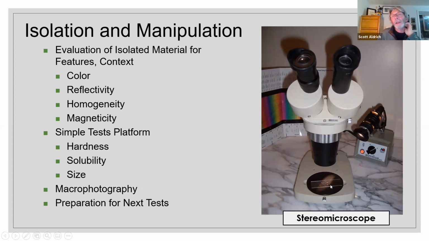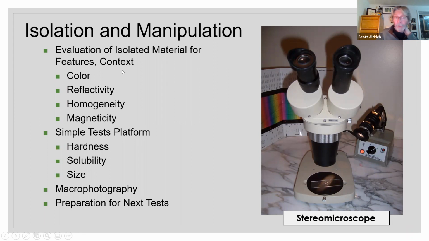With a compound light microscope, we wouldn't have that much room. It's called a stereo microscope because the optical axis is about 5 degrees off. That gives us almost a stereopticon sort of view, and a much better depth of field. It helps us put these samples in perspective when we're first examining them and trying to manipulate them for other tests.